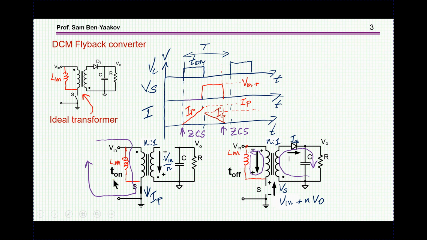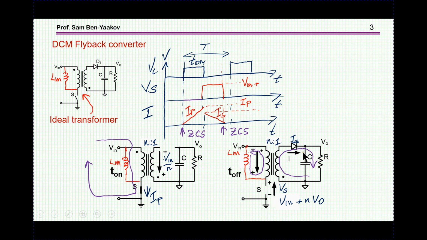When the switch is on, current is increasing linearly, as shown here, because this is an inductor with a constant voltage imposed on it, so the di/dt is constant. When the switch is off, current is coming out and goes down at a constant rate, again imposed by the voltage across the load.